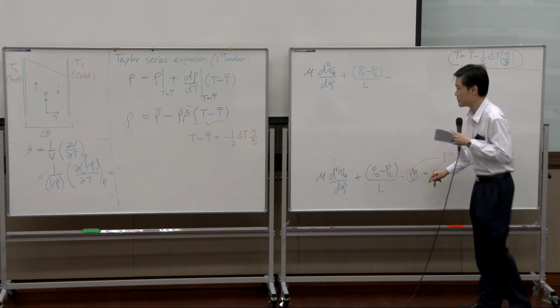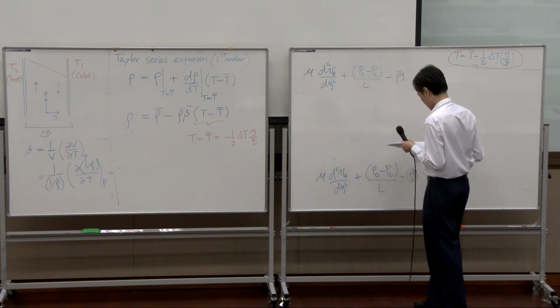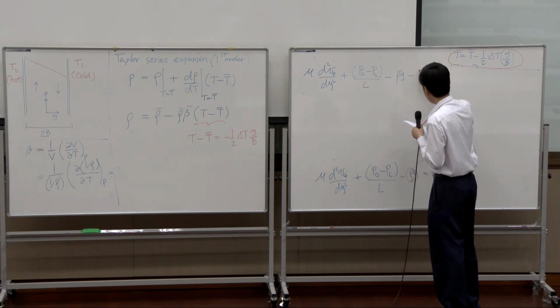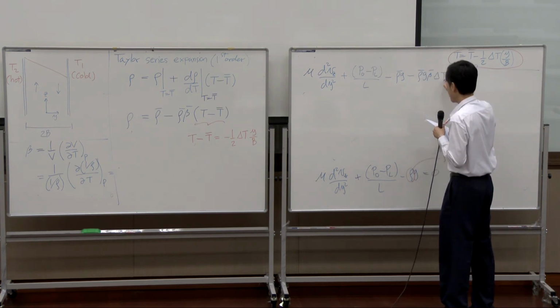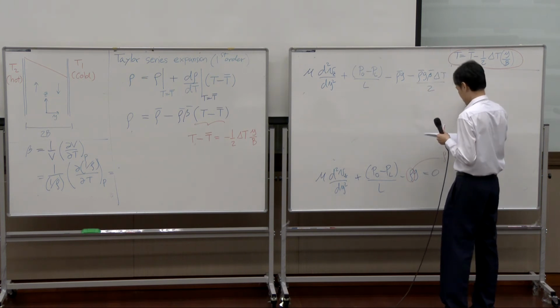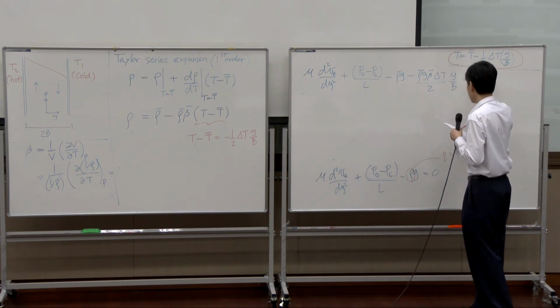So rho g will be split into rho bar g minus rho bar g beta bar delta T over 2 y over b, equal to 0.